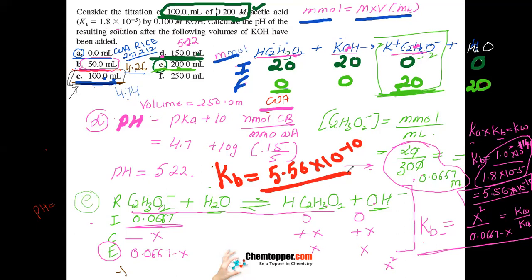It is very small. So you can do approximation. What does it mean? It means that x squared divided by 0.0667 minus x, this x can be ignored. So x squared divided by 0.0667 is equal to that value of Kb, 5.56 times 10 raised to the power minus 10.